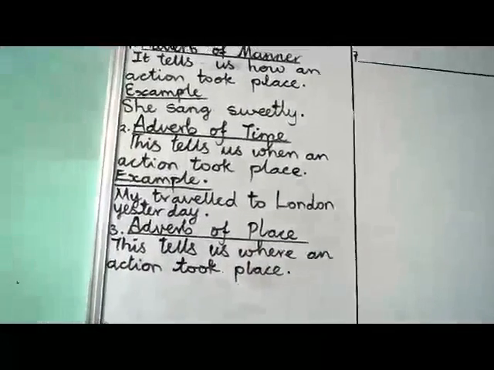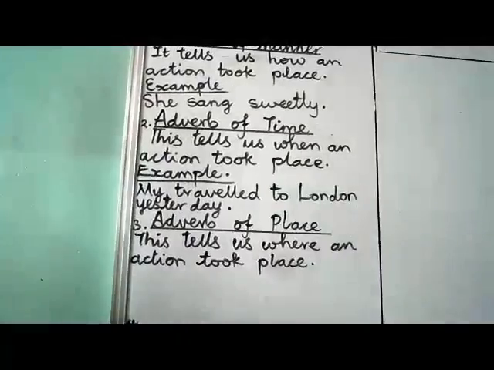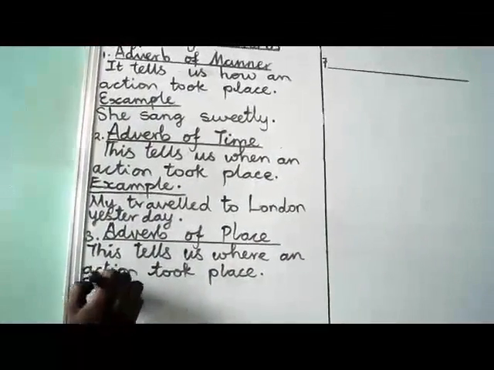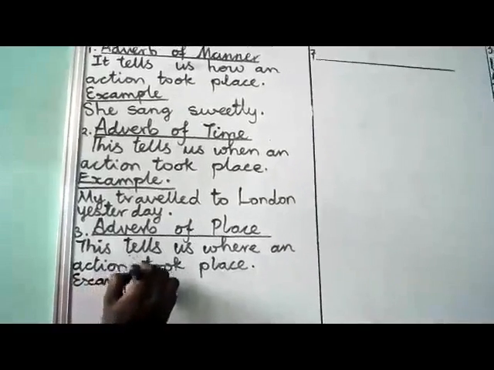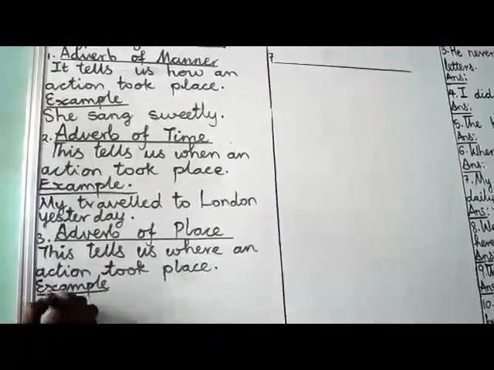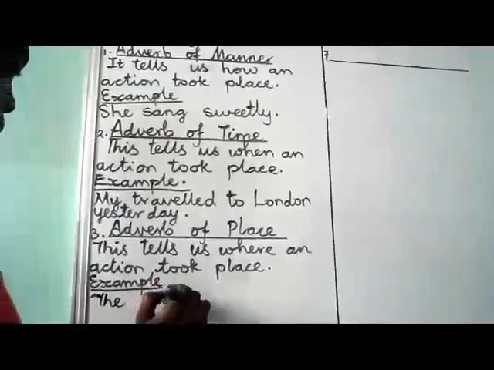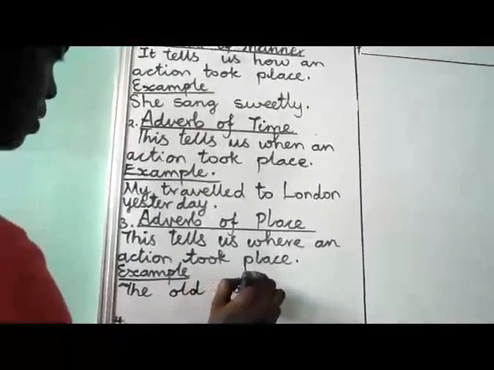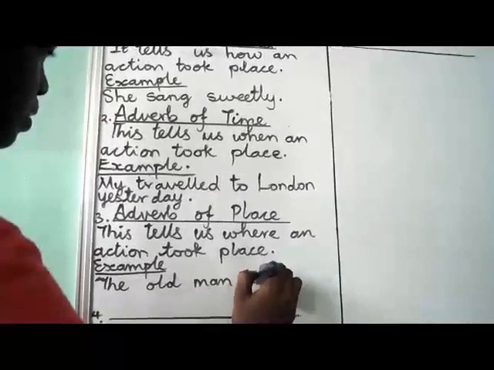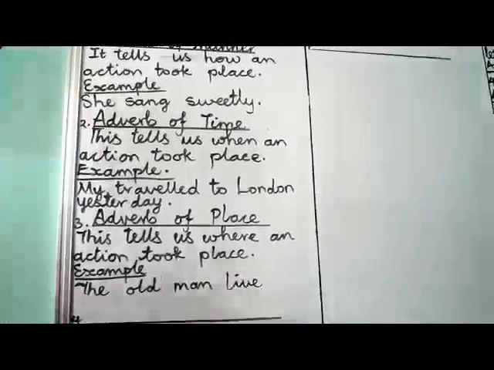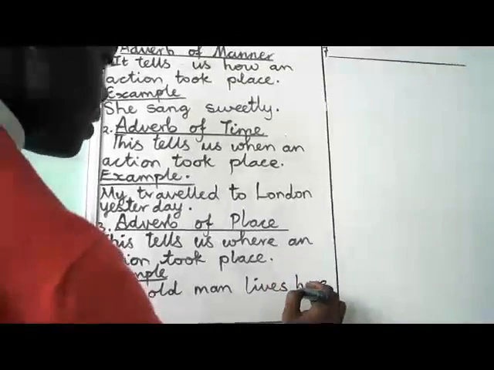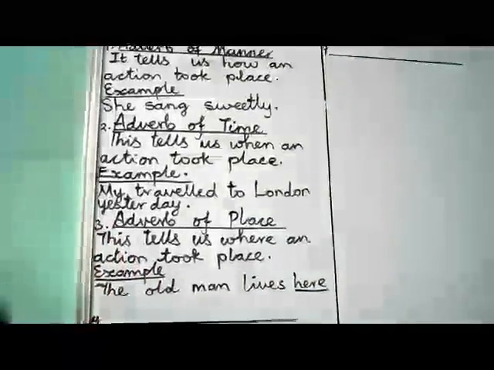And an example to show us an adverb of place in a sentence is this. The old man lives here. This is your adverb there.